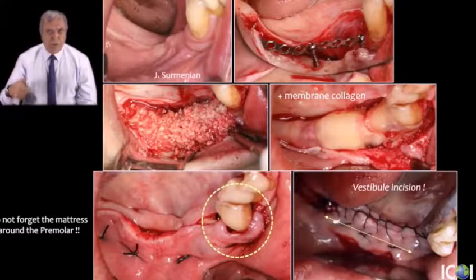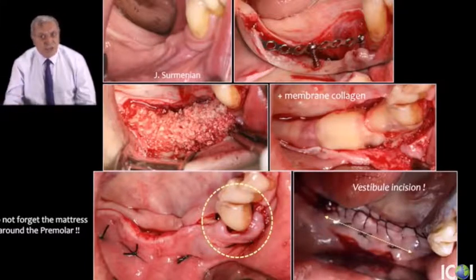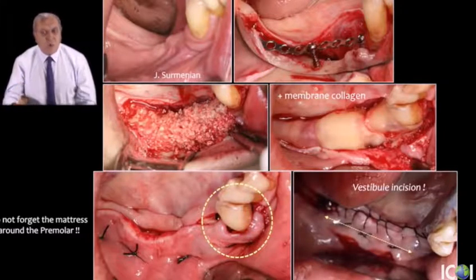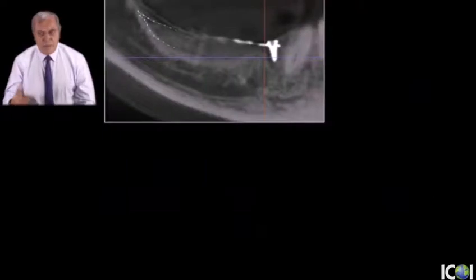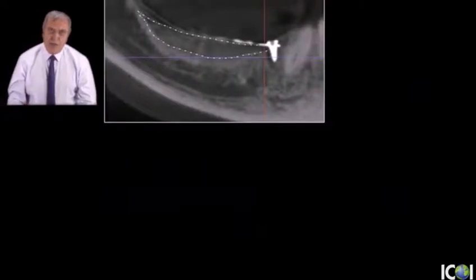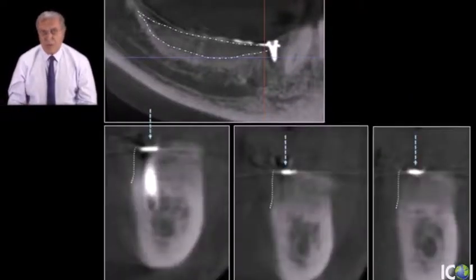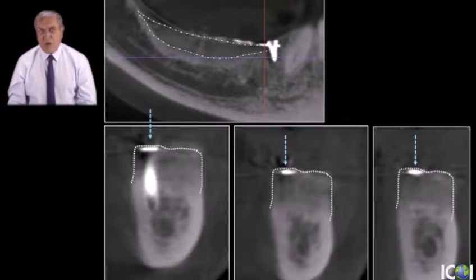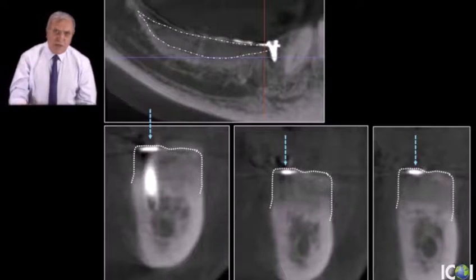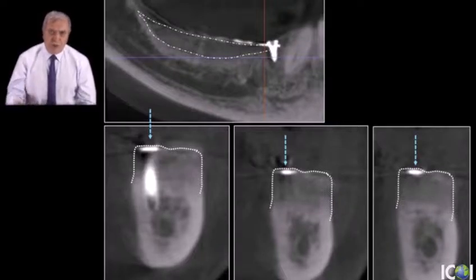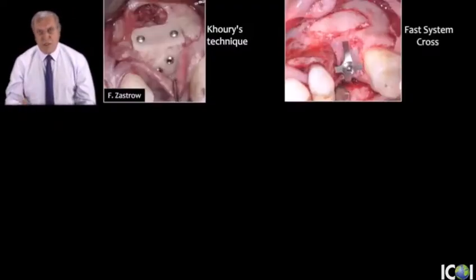You remember the over-release: we always release more than necessary. And then you see the full space is filled by bone. This is a true vertical augmentation with a simple mesh. But you understand that we are following two concepts. Stop the pressure, and over-release the flap.